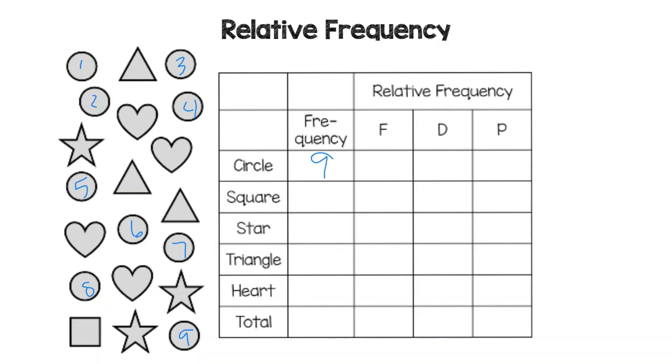The next thing we're going to count is our square. If we look through here, I only see 1 square. So our square is 1. Then we have our stars, so we're going to count our stars, and I found 3 of those. The next one is our triangles.